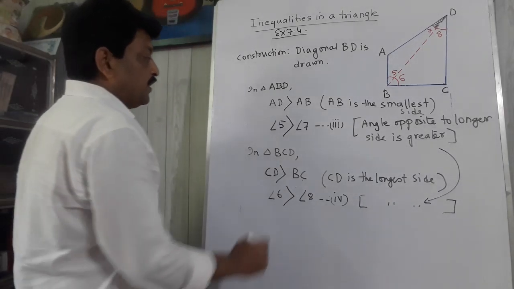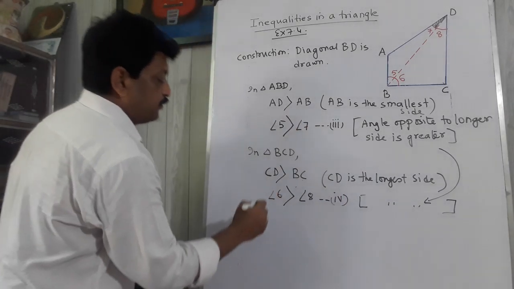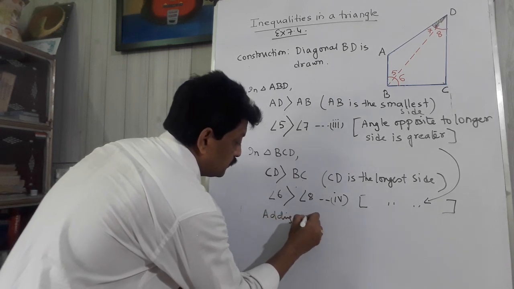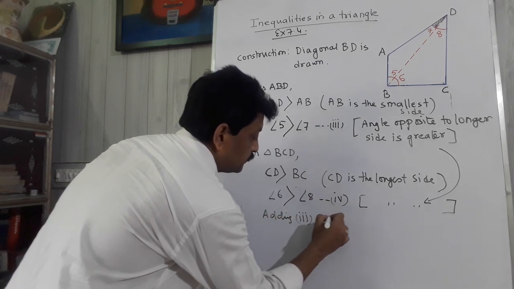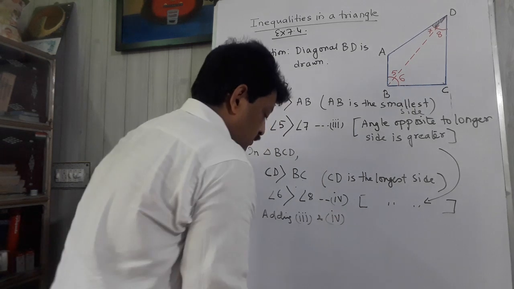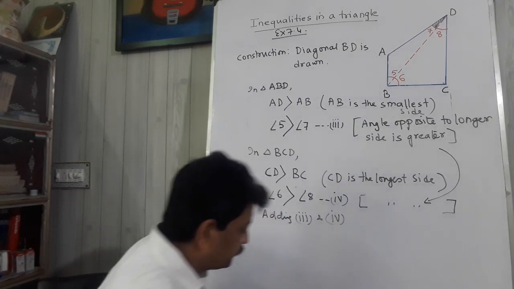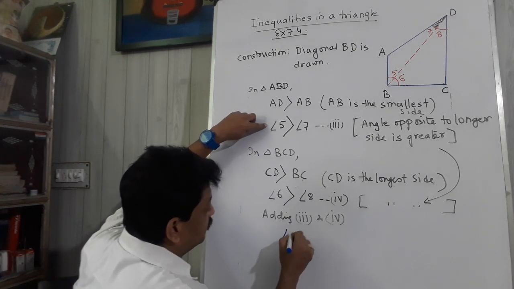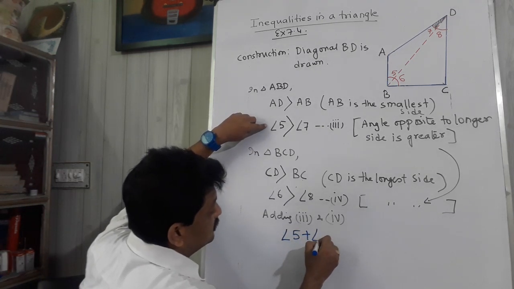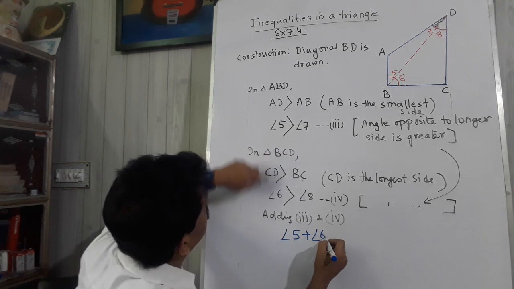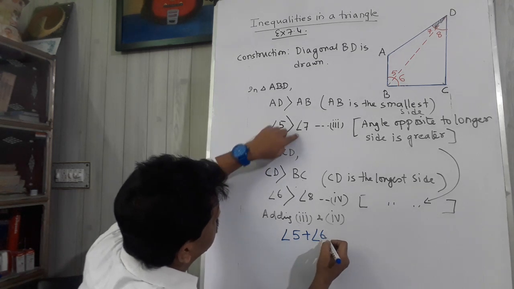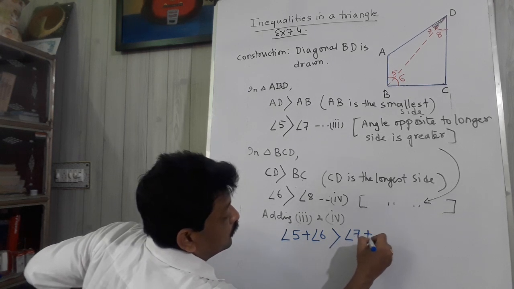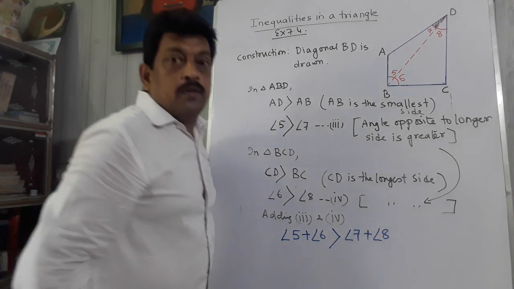Okay. Now let us add 3 and 4. So by adding 3 and 4, what we will get? We will get angle 5 plus angle 6. This 5 plus 6 is greater than 7 plus 8. Okay.